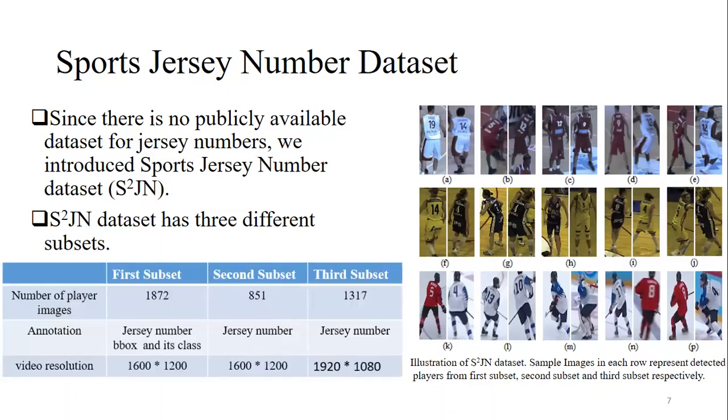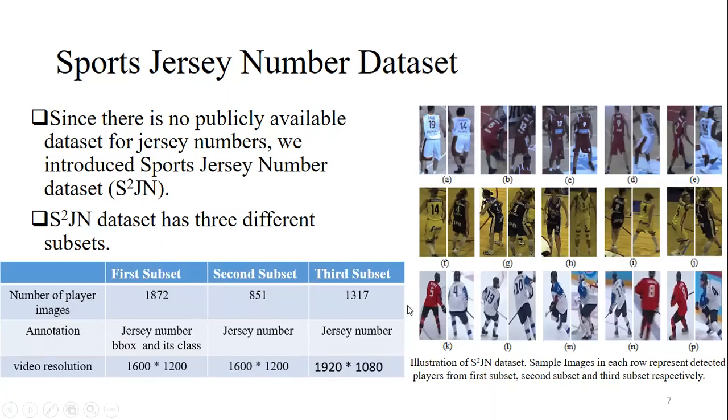The statistics of the dataset are listed in the table as follows. The first subset contains 1,872 player images that are extracted from a set of video clips, and the player images are annotated with the bounding box around the jersey number regions and its class.